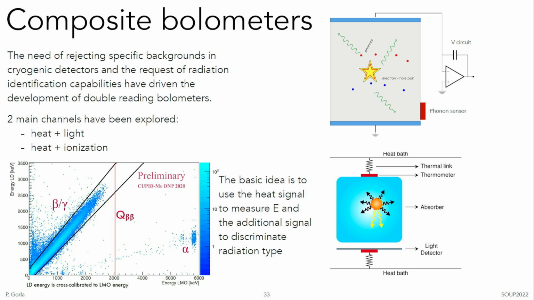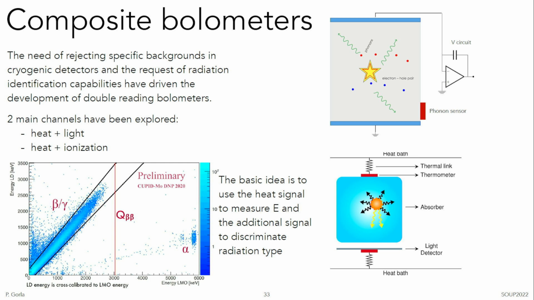So you can separate the alpha band very well from the beta gamma band. CUPID-Mo is a project looking for neutrinoless double beta decay. What is relevant is that you don't have any more this continuous background at the Q-beta-beta energy.